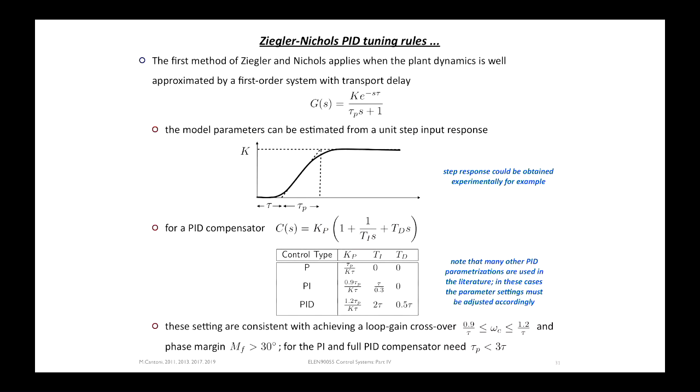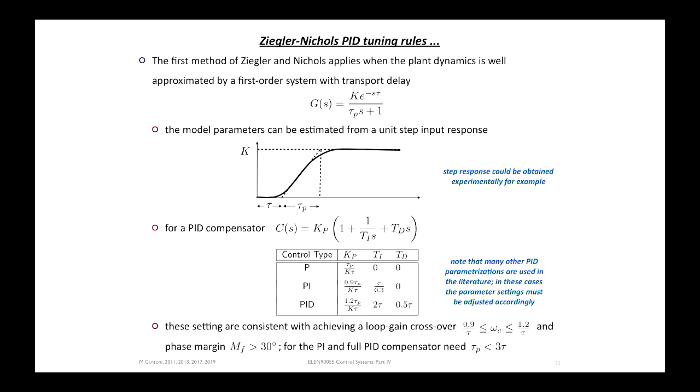The parameters are now different, but you still end up with 2 zeros and 1 pole at the origin. They figured out rules for choosing these parameters in order to set the crossover frequency to be 1 over the delay, and to achieve a phase margin of 30 degrees. So that's all that choosing these parameters does.